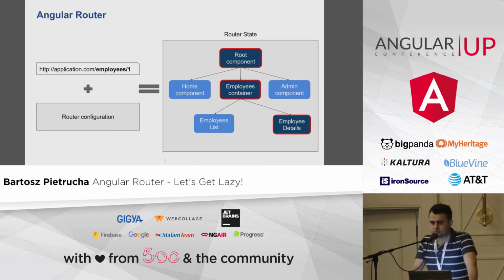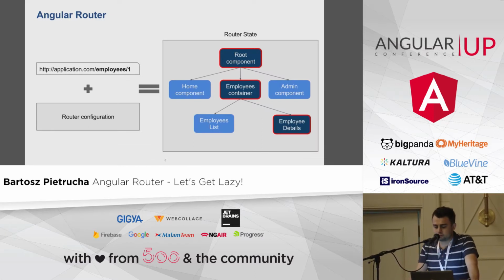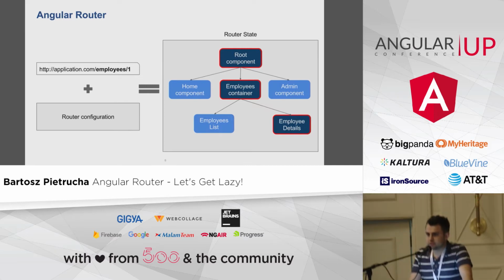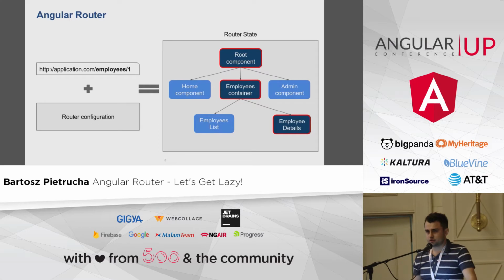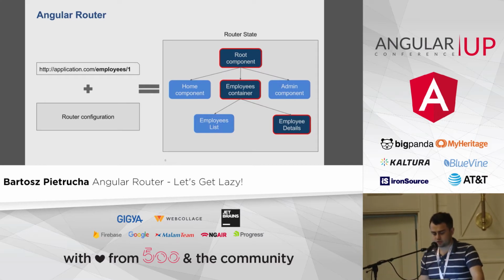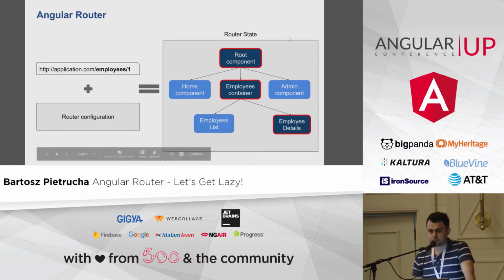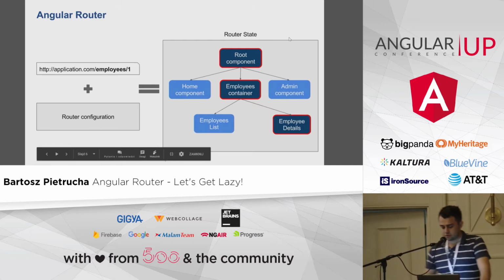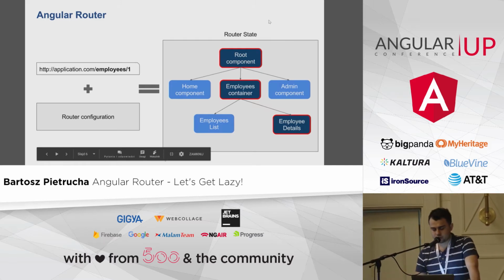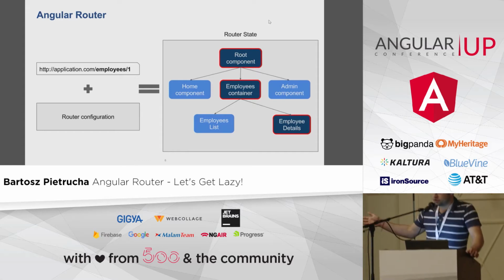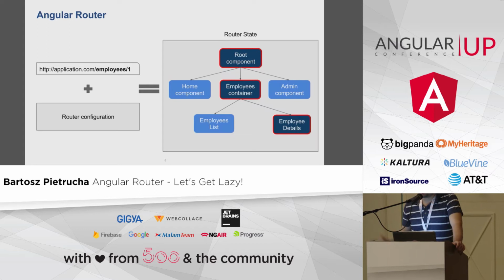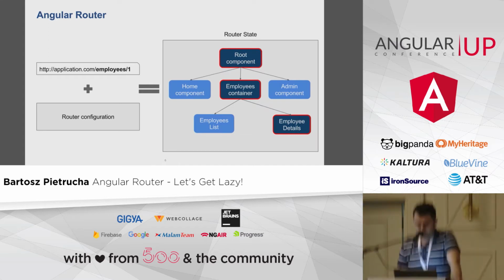So what are the internals of Angular router? Basically, the most important thing to understand is that Angular router takes the particular URL that the user typed in, matches it against the router configuration, and then produces the router state. So in this case, employees/1 plus configuration in this example will result in a particular router state.